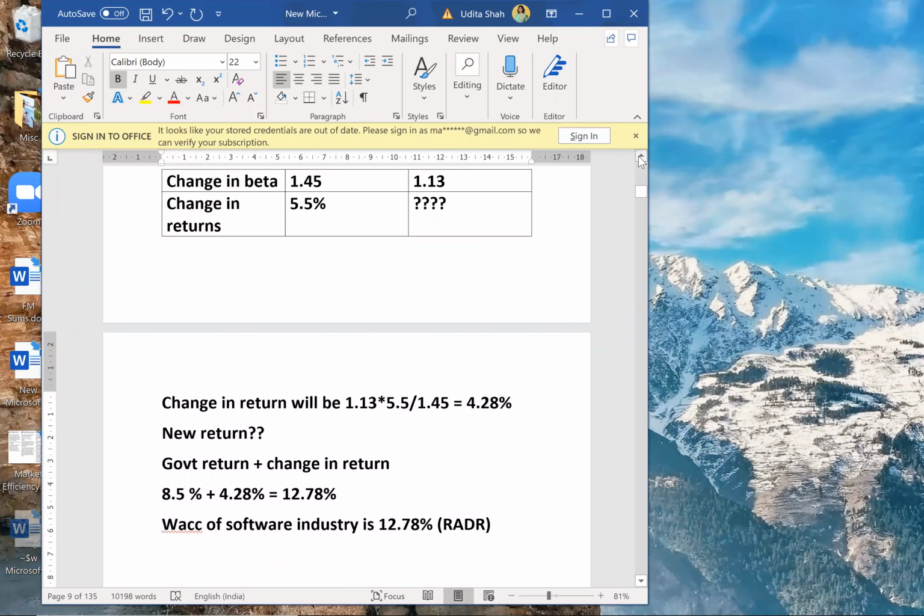Change in return is 4.28. So new return will be what? Original return. That is government return is always the original return. So government return plus change in return. So that gives me my RADR, risk adjusted discounting rate.